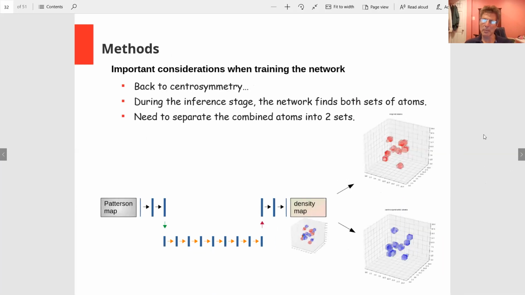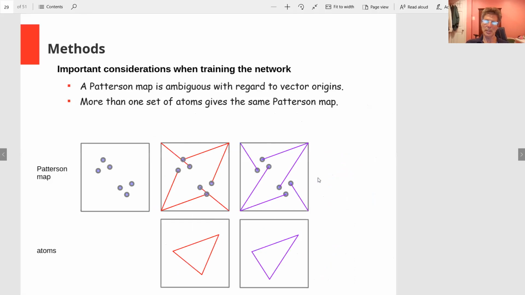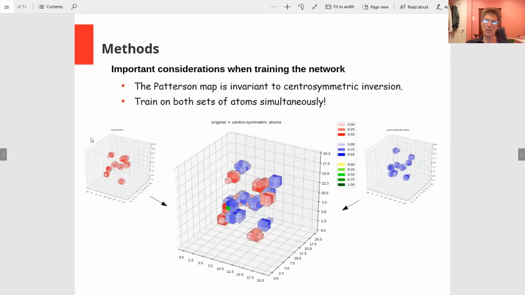Okay, one more point about the centrosymmetry technique that I used. As I described it, you're taking electron density and electron density from the centrosymmetry atoms, and you're adding it together.